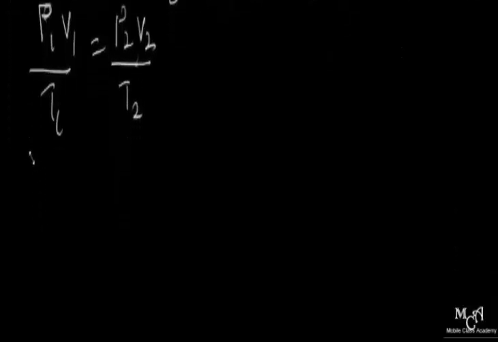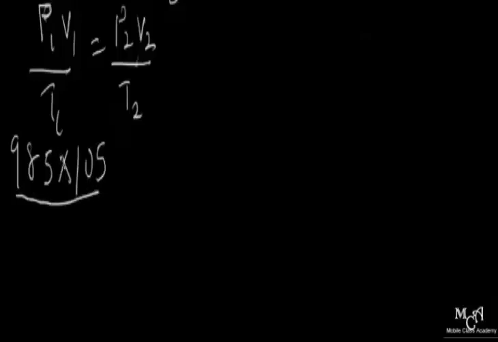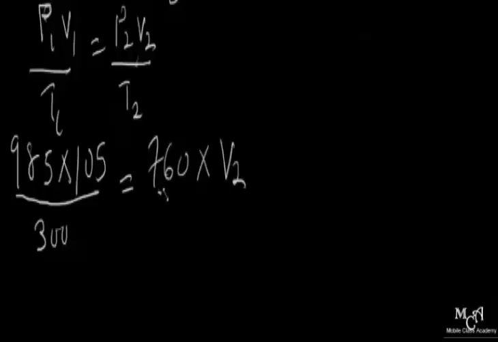What's your P1? 985 multiplied by, there's an invisible multiplication here, V1, which is 105, divided by your T1, 300, is equal to P2, 760 millimeter times your V2, unknown, over T2, 273 Kelvin. So we quickly bring up our calculator.